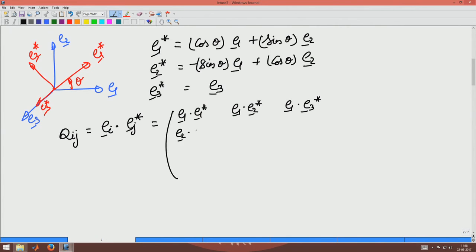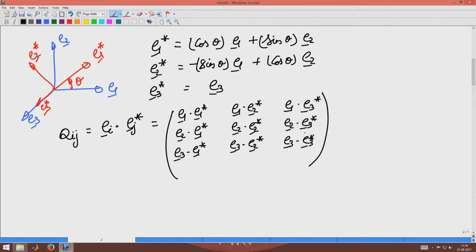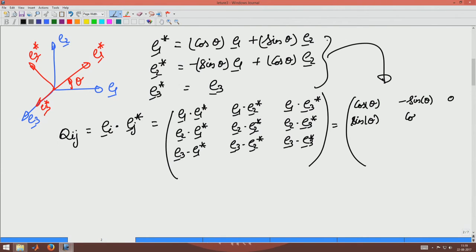Here it is going to be E2 dotted with E1 star, E2 dotted with E2 star, E2 dotted with E3 star, E3 dotted with E1 star, E3 dotted with E2 star, E3 dotted with E3 star, and for this, what you get is cos theta, minus sin theta, 0; sin theta, cos theta, 0; 0, 0, 1.